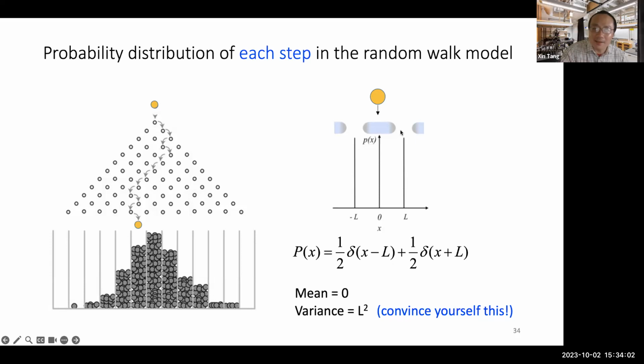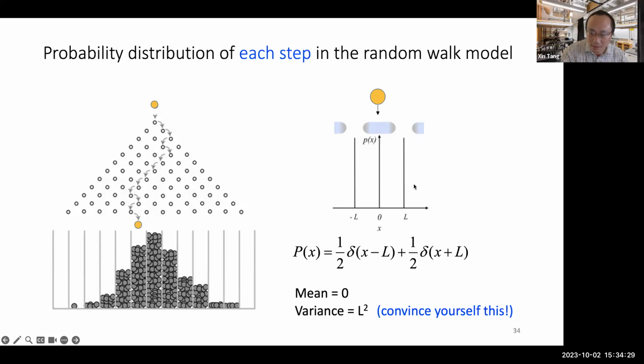Okay, and then this distribution will repeat many times as the ball goes down. Each time it will take this distribution. And that distribution can be written as one half delta(x minus L). So x has to be equal to L to make this happen. Then you have delta(0).